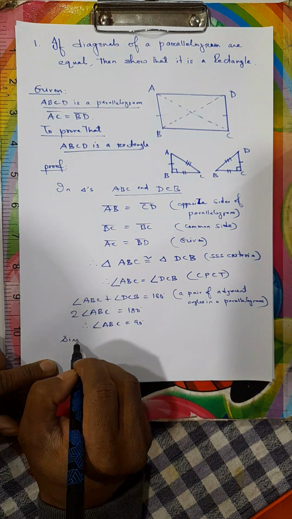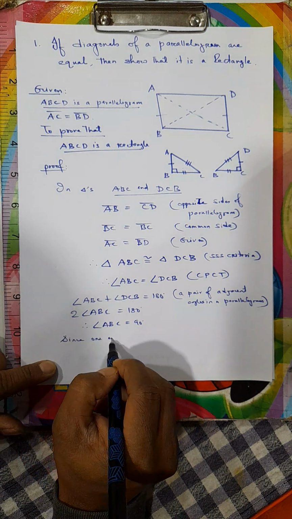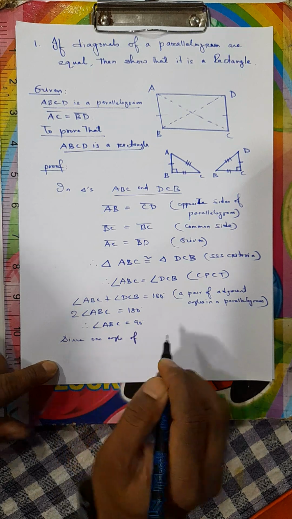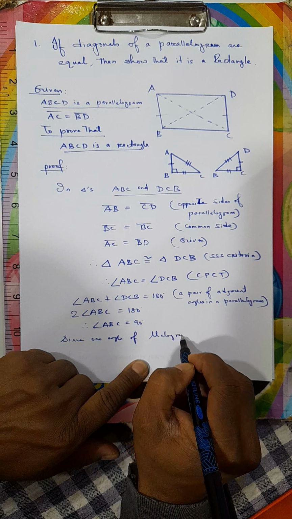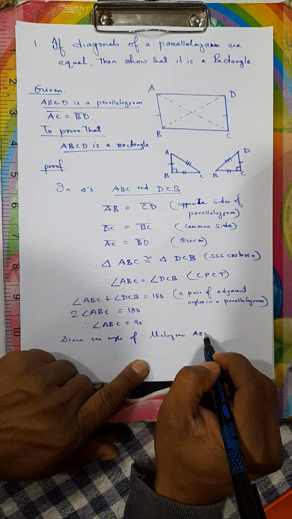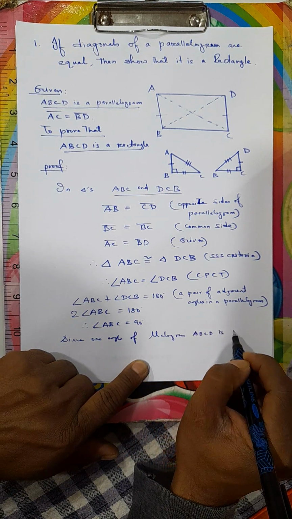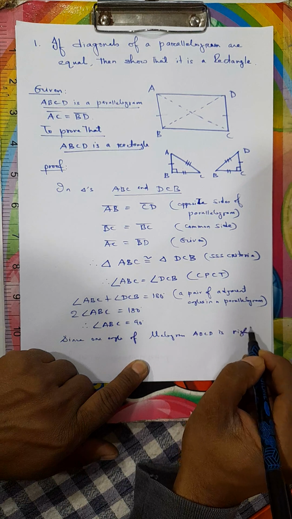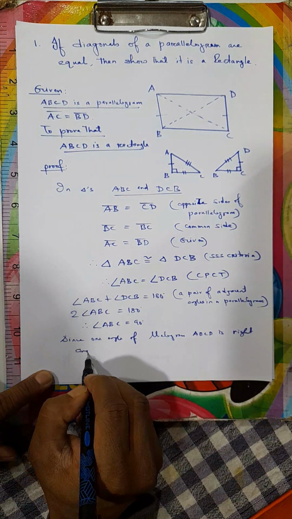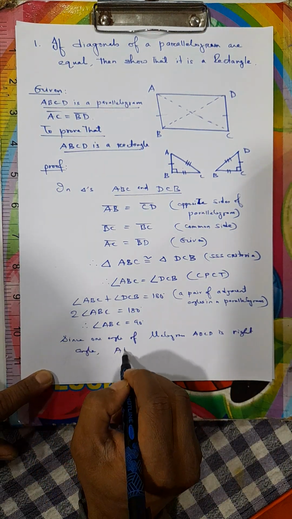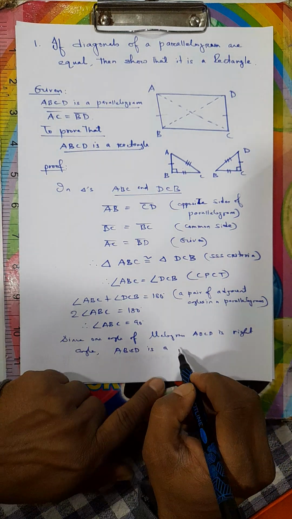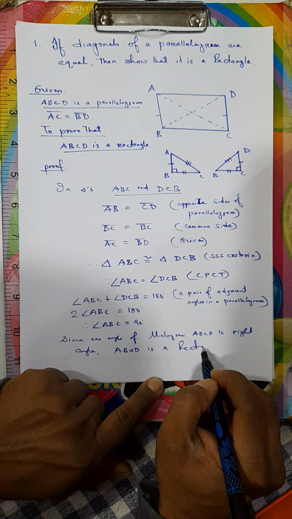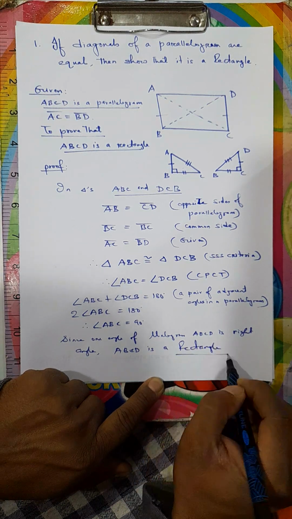Since one angle of parallelogram ABCD is a right angle, ABCD is a rectangle, right?